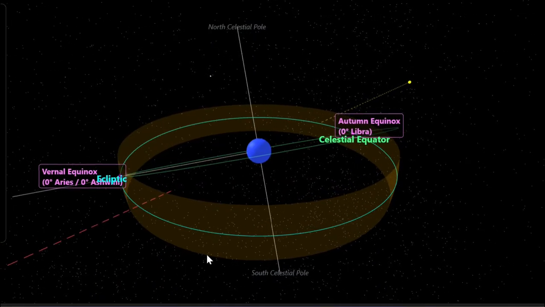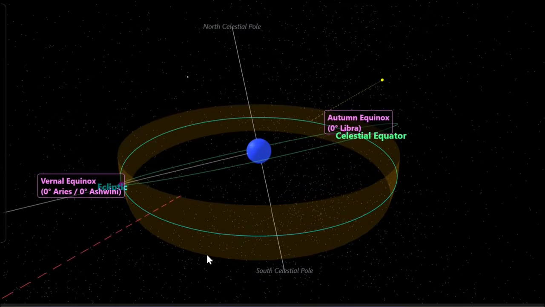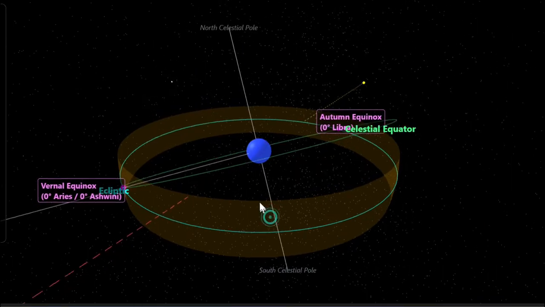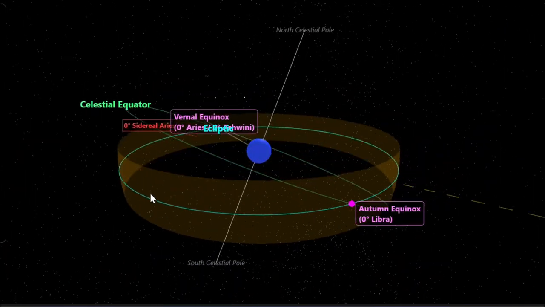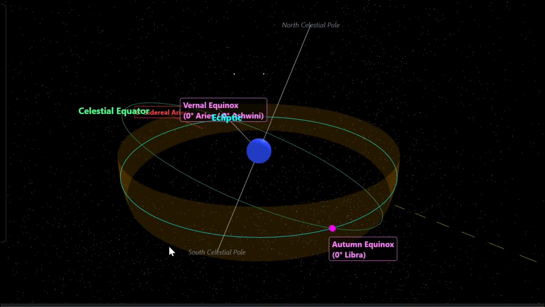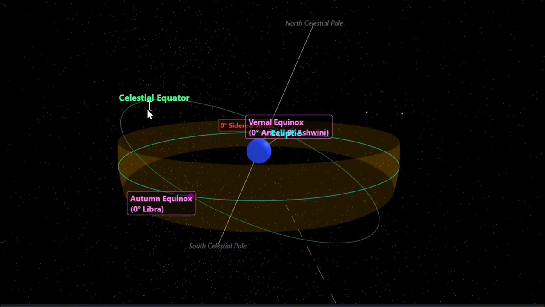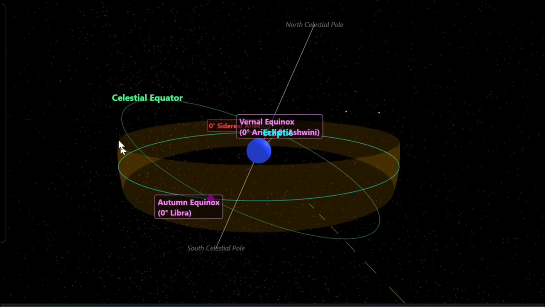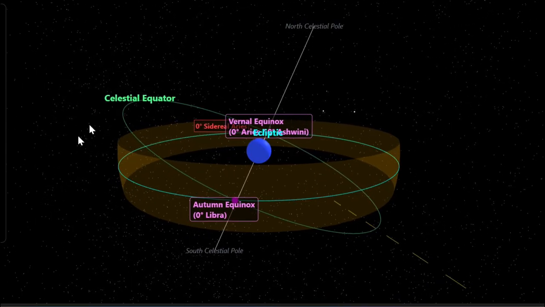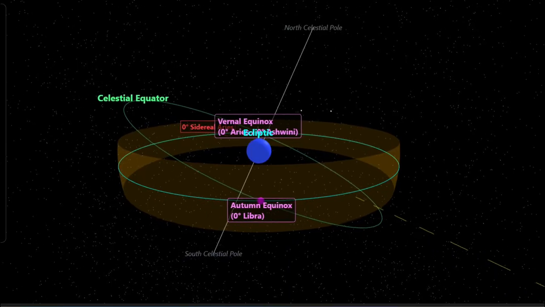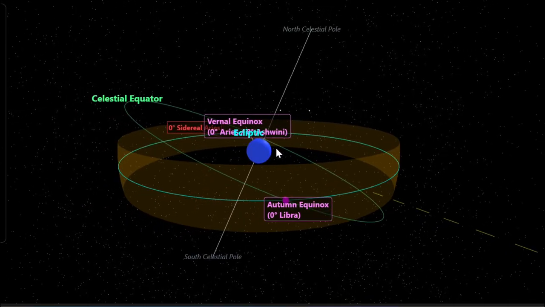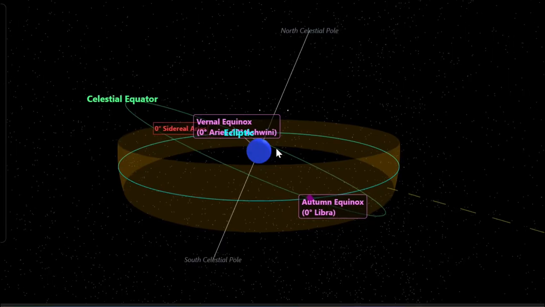So we gave this belt a name, Zodiac belt, the plus minus 9 degree belt. This brownish colored belt is known as Zodiac belt. We were only concerned about the stars in the zodiac belt, not the rest of the stars. I hope this much was clear.